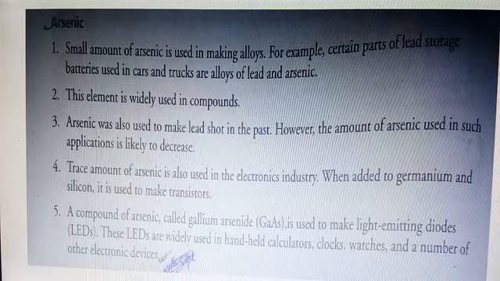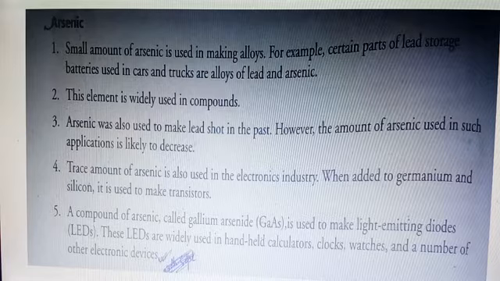So the batteries that are used in cars and trucks are lead storage batteries, and these are alloys of lead and arsenic. So a small amount of arsenic is used in lead storage batteries also.